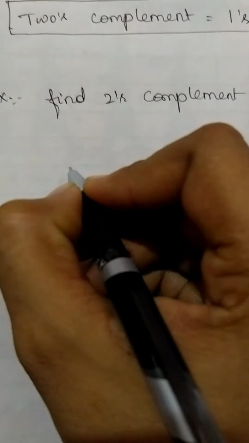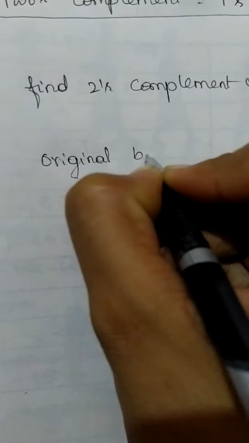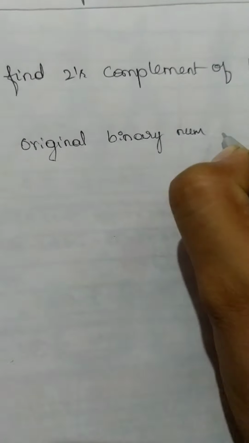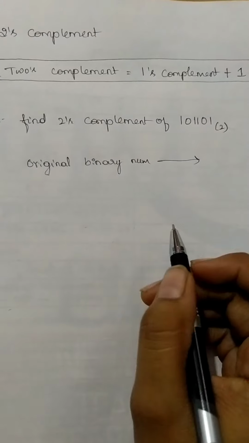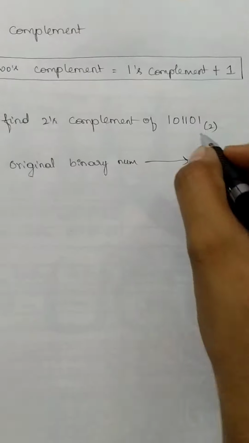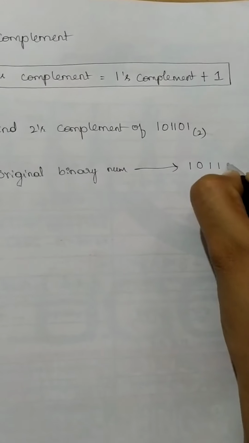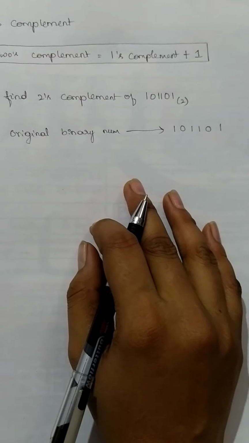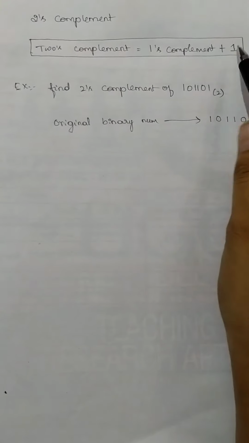First we take the original binary number, which is the given question, 101101. How do we get a twos complement number? By adding 1 to the ones complement.